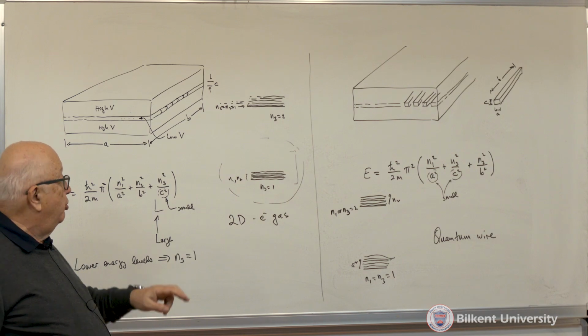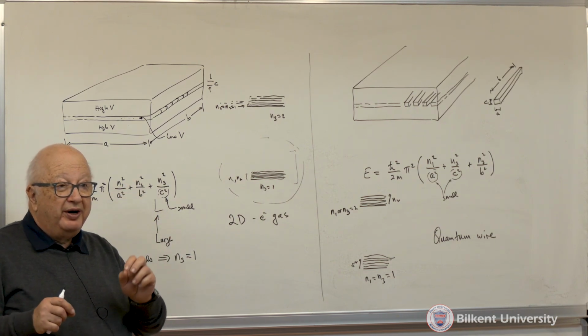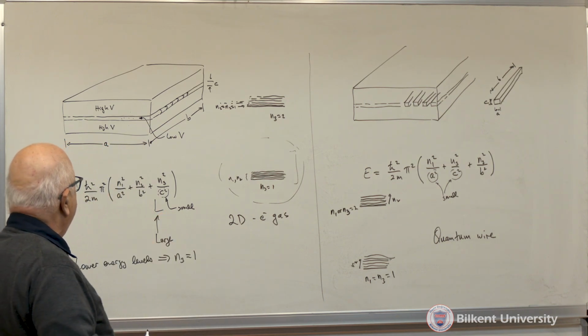So if A and B are very, very large, then changing N1 and N2 makes very little change at a time, so that it approaches a continuum.